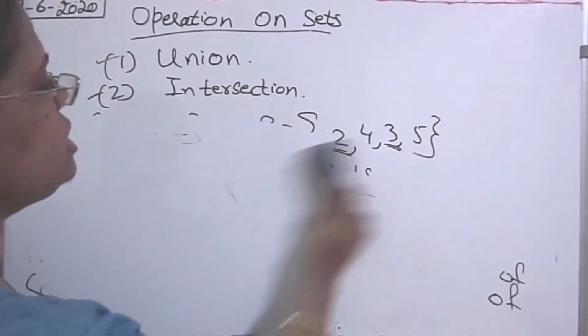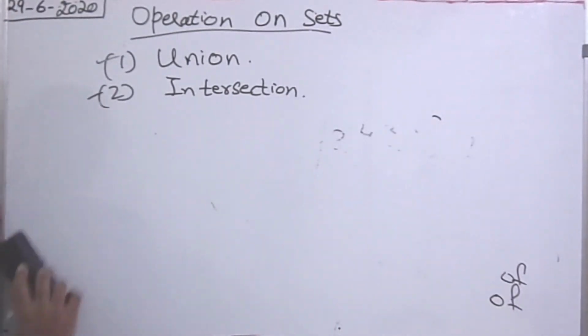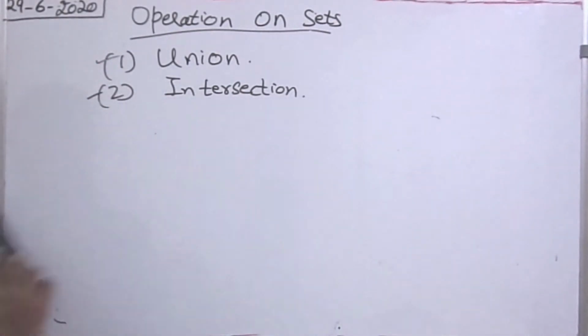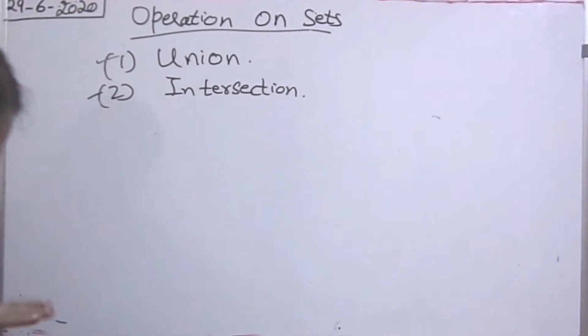Now in intersection there is a particular type. So let us study that case of intersection.